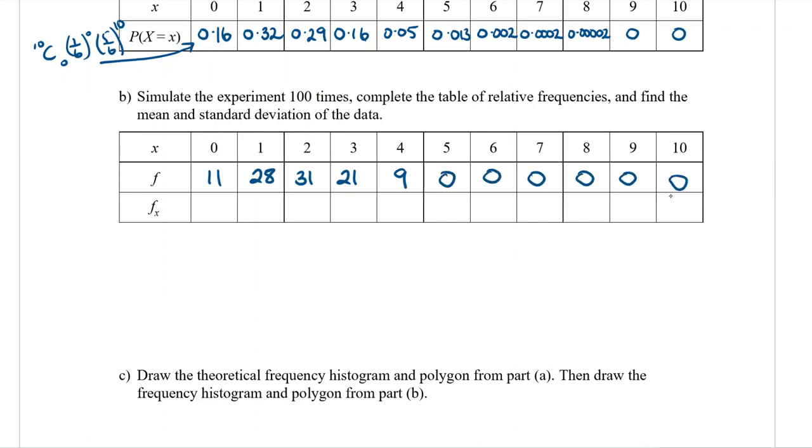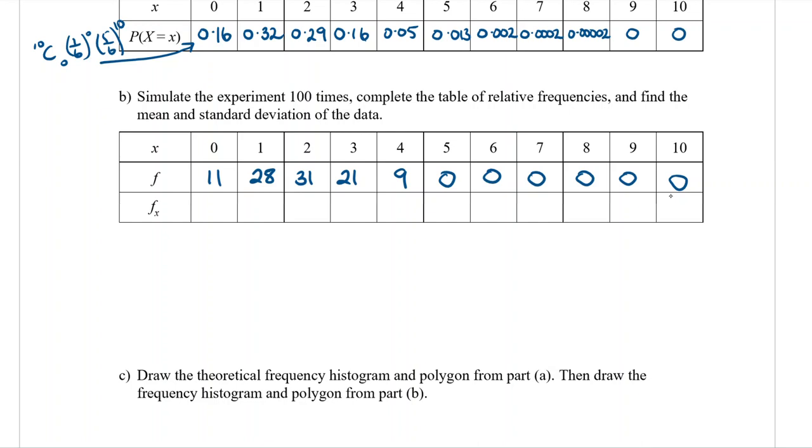It's very unlikely when you're rolling sixes to be getting that many. Not impossible, in a roll of 10.